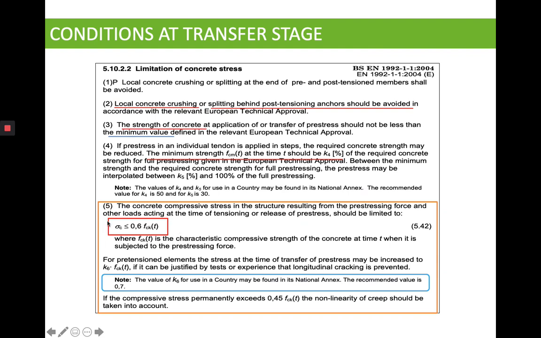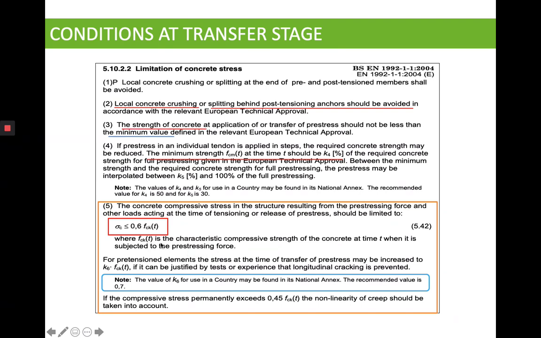We can see here the concrete compressive stress limit is given, which is 0.6 fckt. This fckt is the characteristic compressive strength of the concrete at time t, when it is subjected to the pre-stressing force.